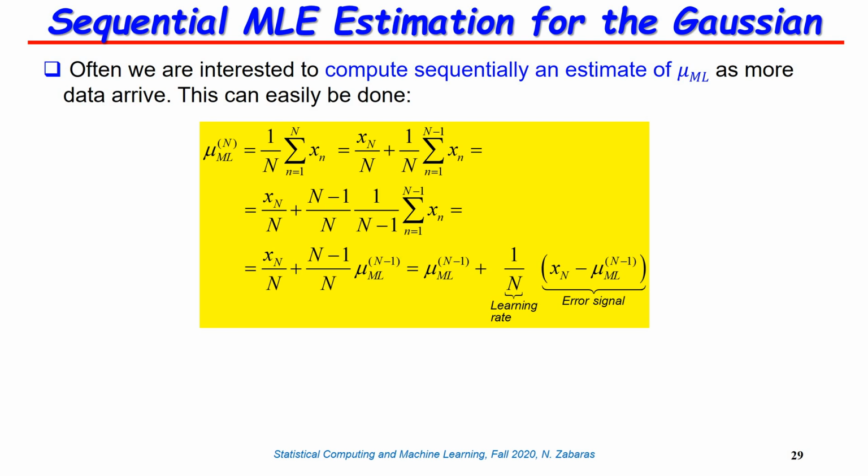Now, when you use this formula, if your interest is in computing the MLE estimate, let's say for mu, you don't have to keep track of the previous n-1 points, because the only information that you need to update and compute the MLE estimate for n points is your previous MLE, right? And again, this expression is exact.